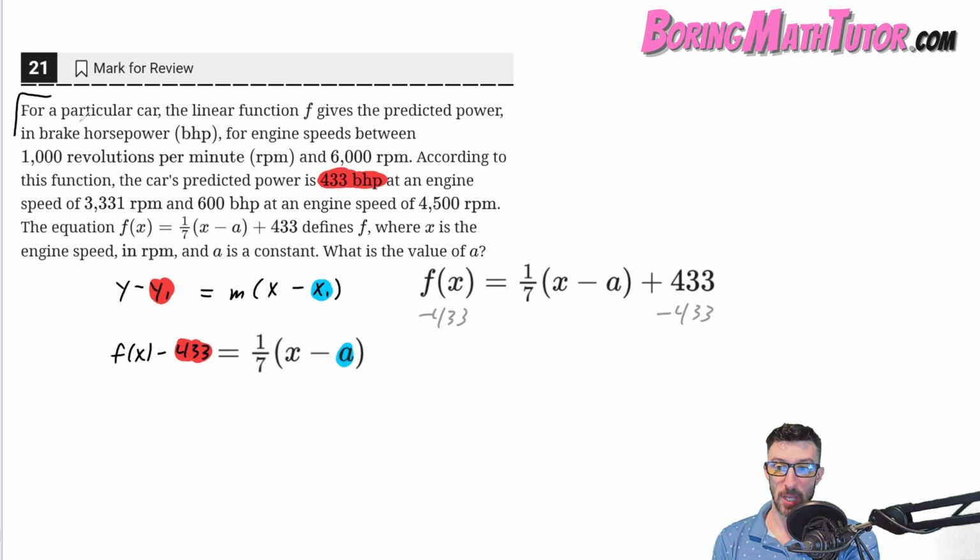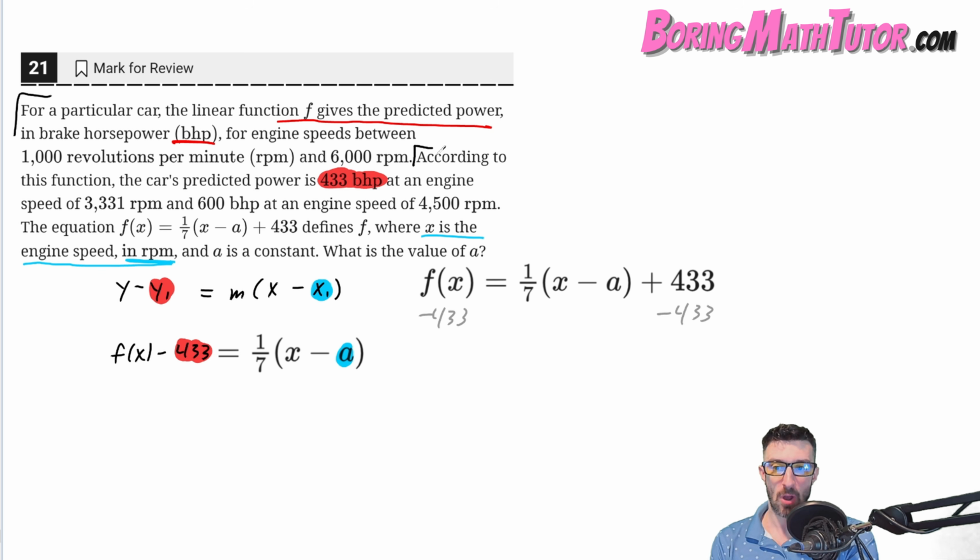And in fact, if you look at the beginning of the problem, it says F is measured in bhp. And it also says that there's another type of unit. And down here it says X is the engine speed in RPM.